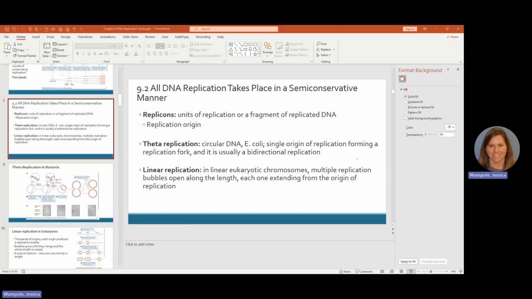So we'll come back to this, but since we're talking about the ends, DNA polymerase only ever adds to an existing OH group. So DNA polymerase can't just randomly start adding nucleotides in the middle of a strand. It must have a 3' OH. And a minute ago, Lindsay mentioned primers. So primers are going to be required for that to happen.